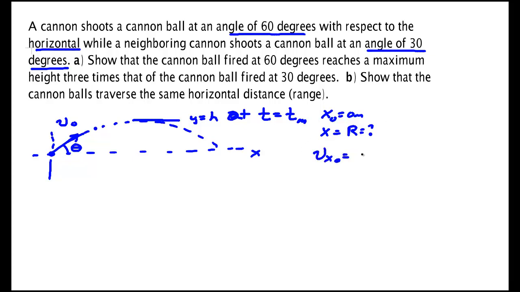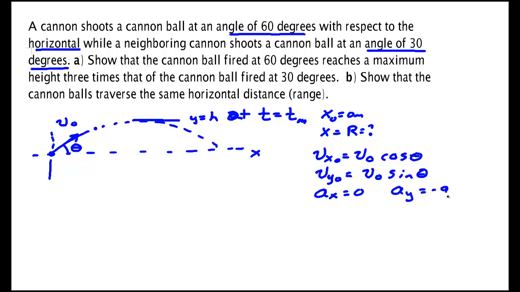Vx0 is V0 times the cosine of theta, and I know that because I can see that there's a little triangle here, and that x component is in this direction, which is the adjacent side. Vy0 is V0 sine theta. Ax in our problem is 0, and Ay in our problem is minus g.